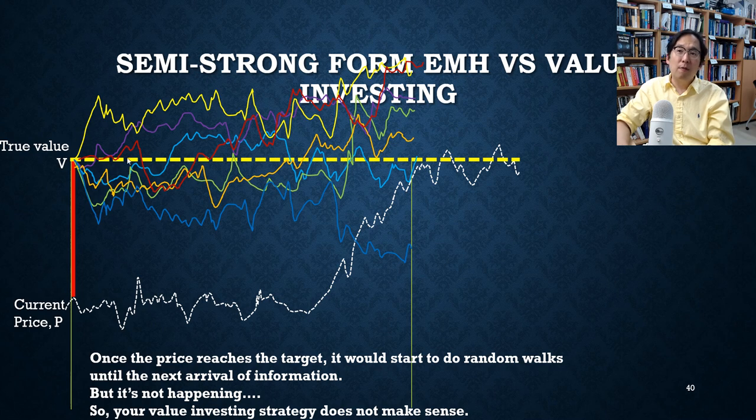The investment philosophy is different. Eugene Fama believes in semi-strong form market efficiency, so no chance for value investors. Eugene Fama's claim is that you should do passive investing. Don't try to actively pick stocks, no way, because the market is semi-strong form efficient.